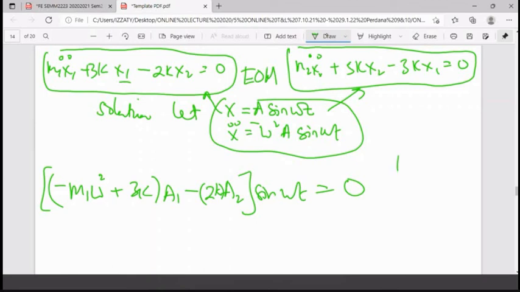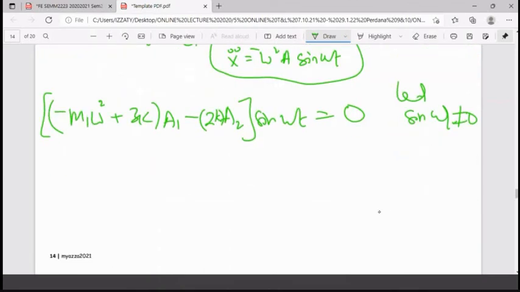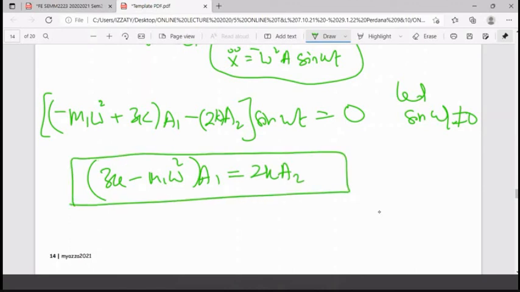Then you let sine not equal to 0. Then you have 3k minus m1 omega squared, isn't it? A1 equal to 2k a2. One equation. This one put in matrix. For what? For determinant.